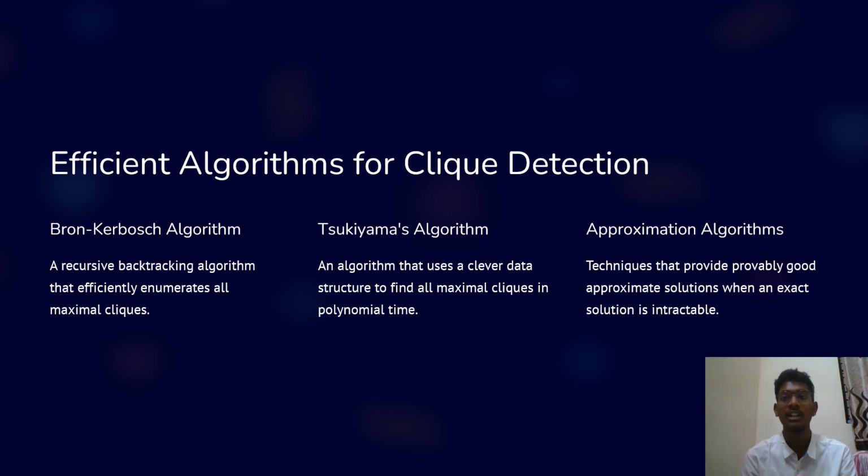And approximation algorithms are techniques that provide provably good approximate solutions when an exact solution is intractable, which means they give the user a good approximate solution.